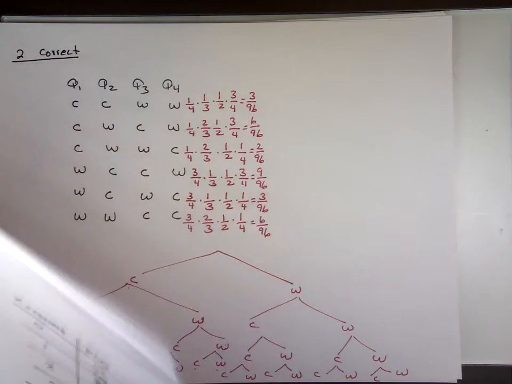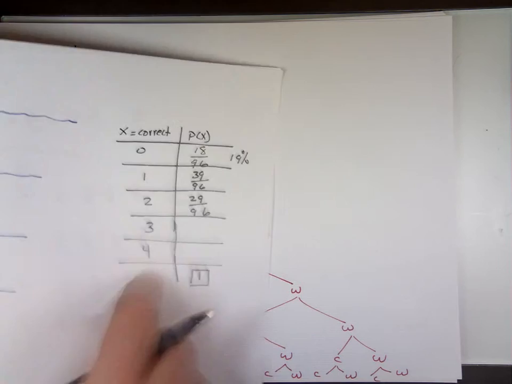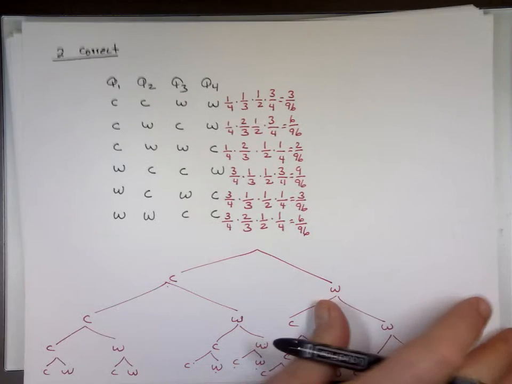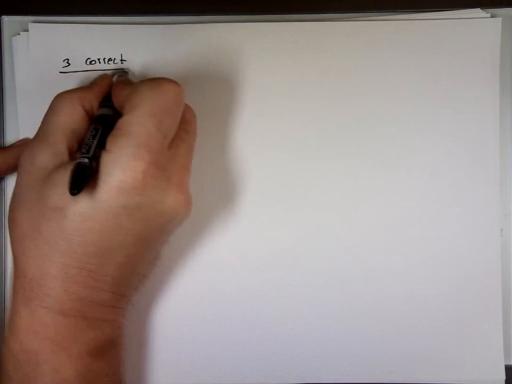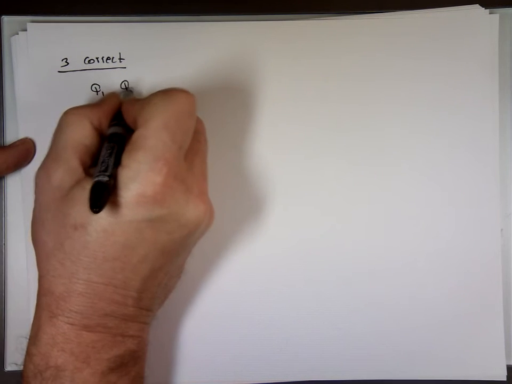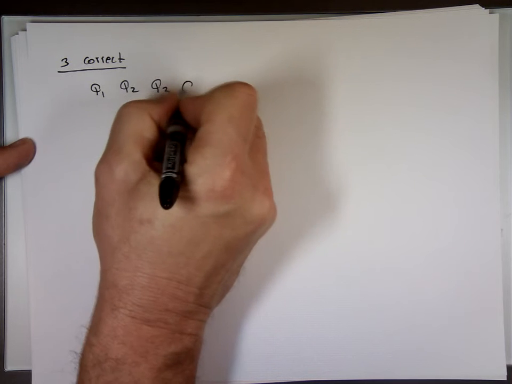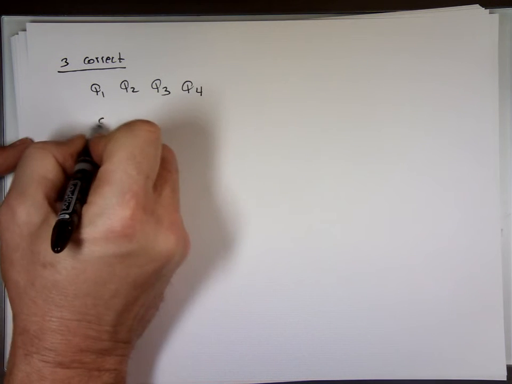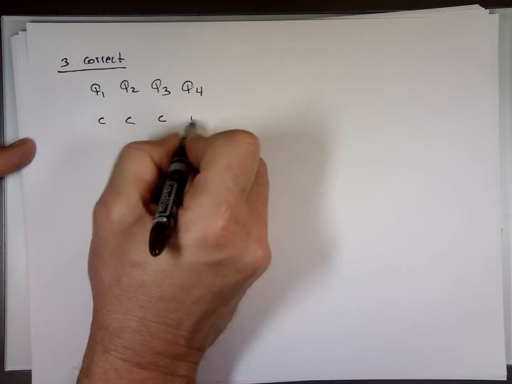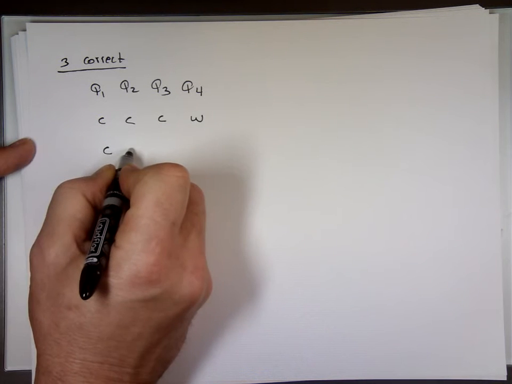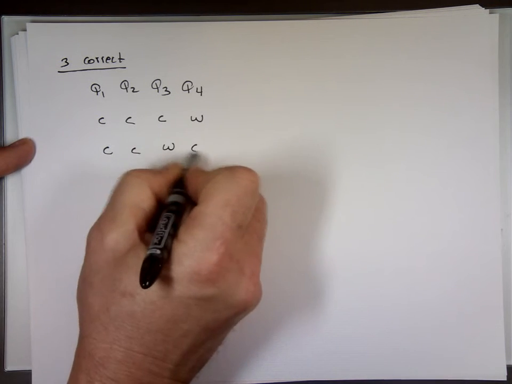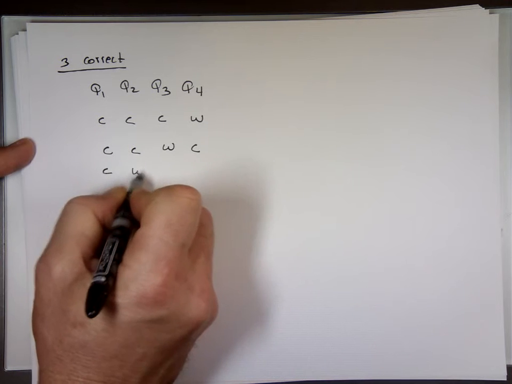Now let's find out what is 3 correct. Three correct, here we go. Question 1, question 2, question 3, question 4. Correct, correct, correct, wrong. Correct, correct, wrong, correct. Correct, wrong, correct, correct.